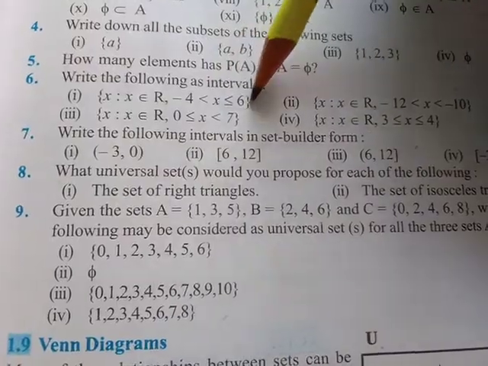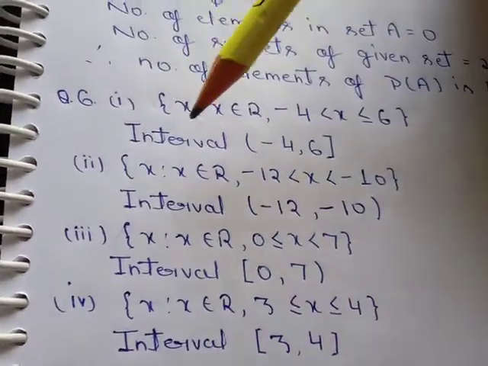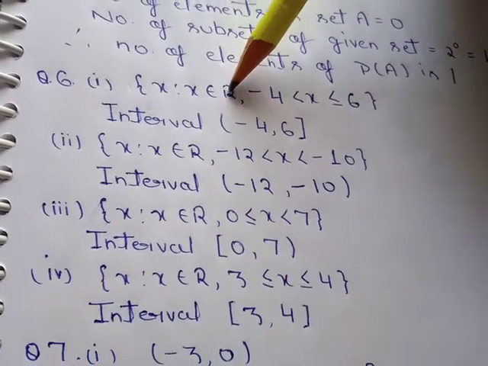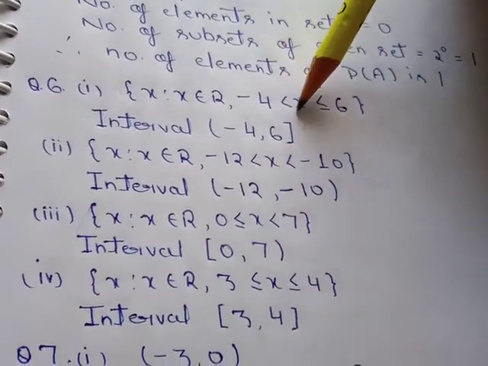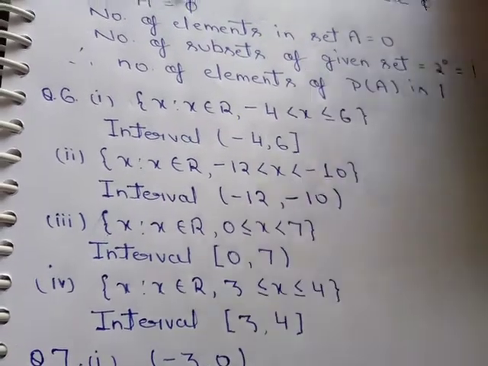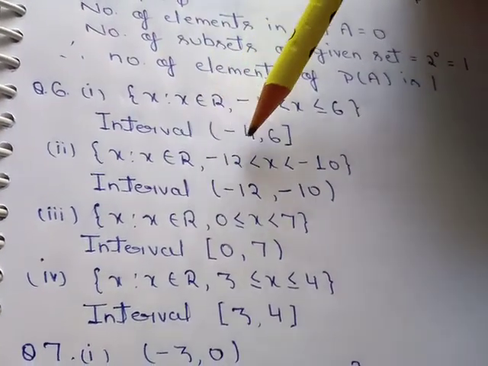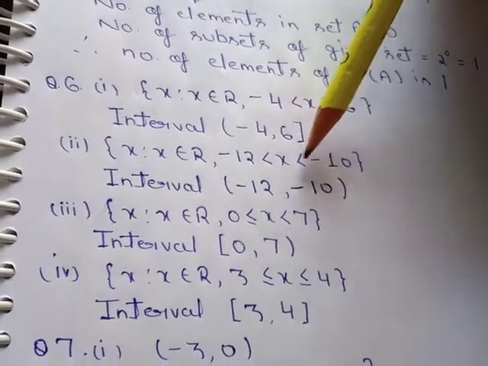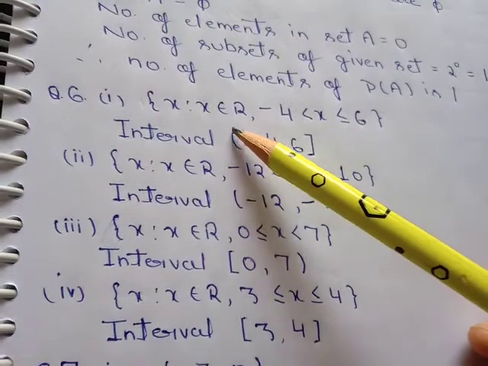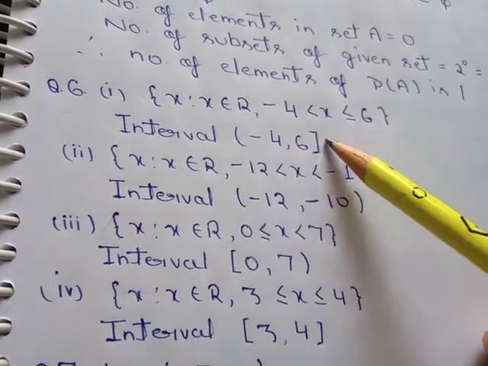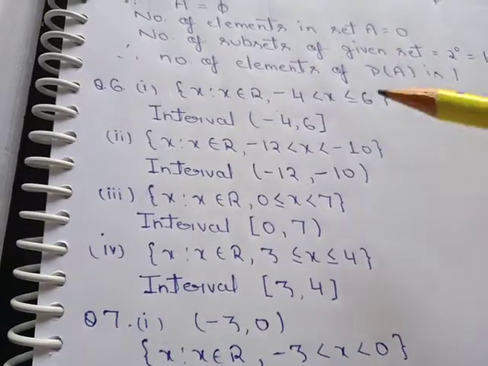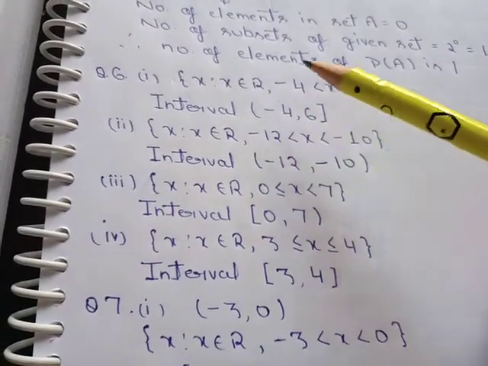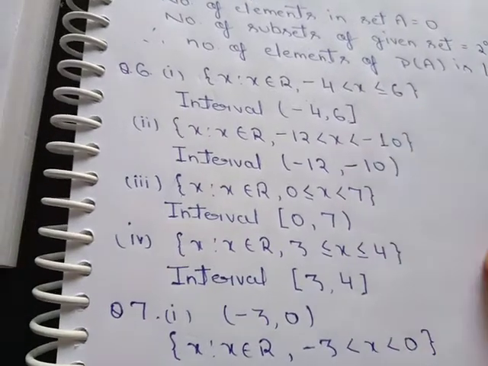Now next, question number 6. Write the following as intervals. First part, x such that x is an element of R, and minus 4 less than x less than or equal to 6. So the interval is (minus 4, 6], with a small bracket and a big bracket, meaning open bracket and closed bracket. It means minus 4 is excluded from this interval and 6 is included.